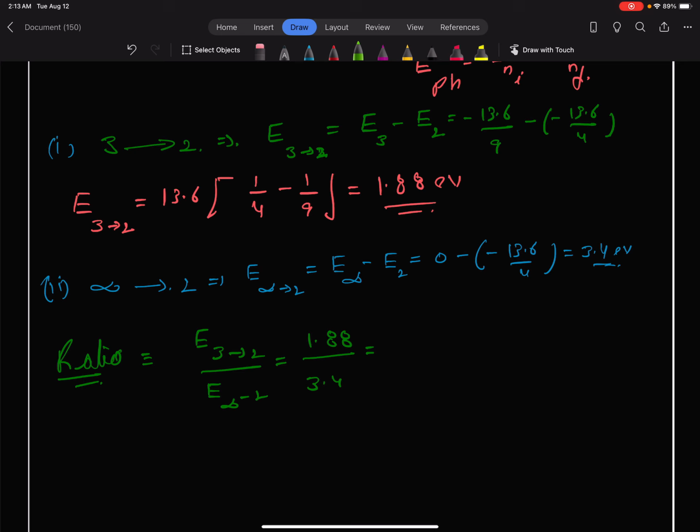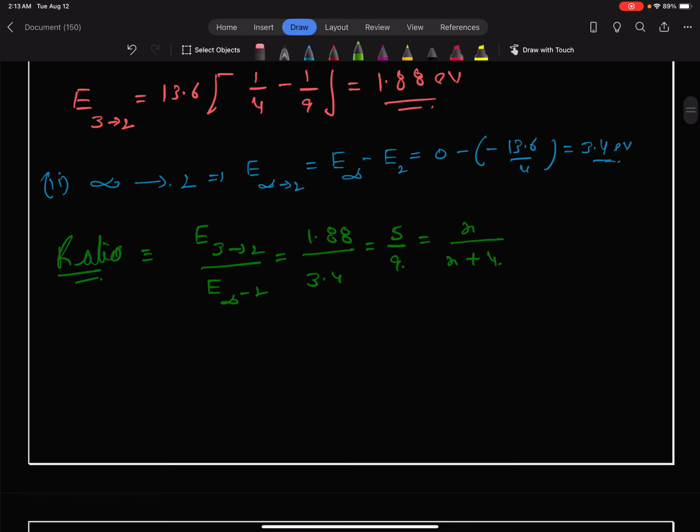Approximately it will be equal to 5/9, and this ratio is given as x plus 4, and we are going to calculate it for x now.